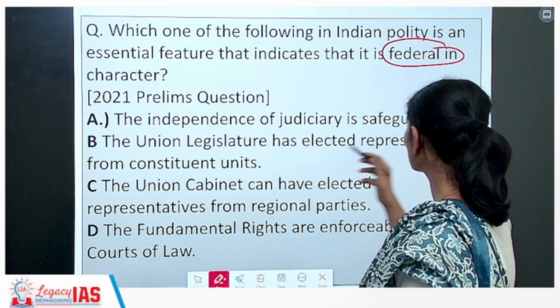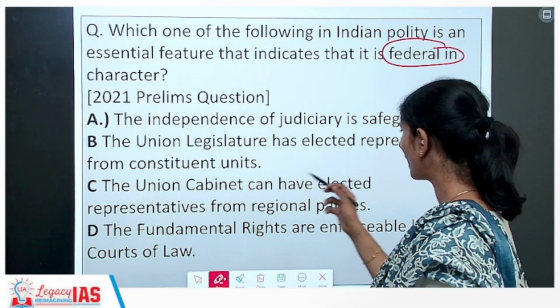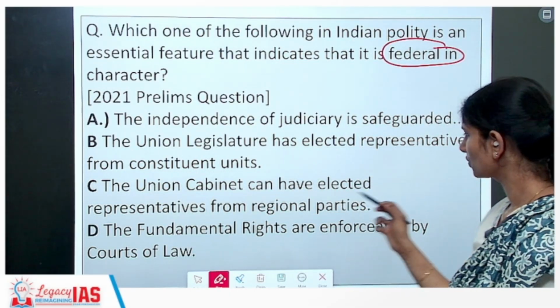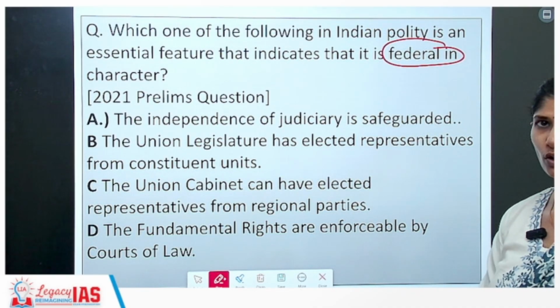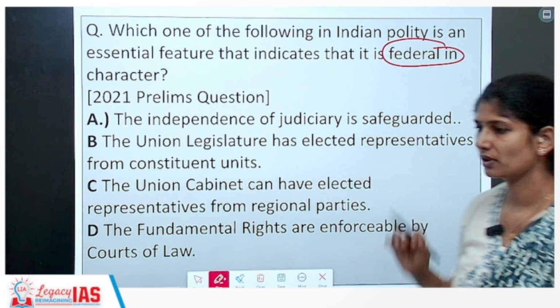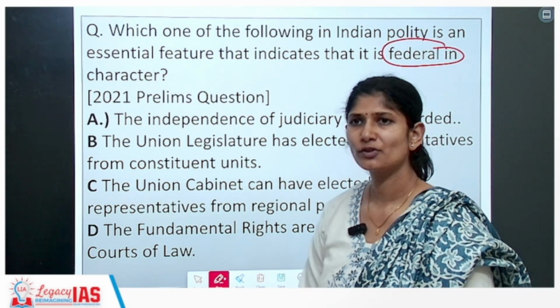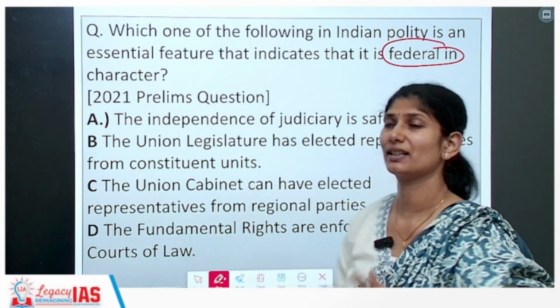The union legislature has elected representatives from constituent units. Union cabinet can have elected representatives from regional parties. The fundamental rights are enforceable by court of law. The most important thing in here, if you see, is you have to pick the most core or the most apt or most correct one.